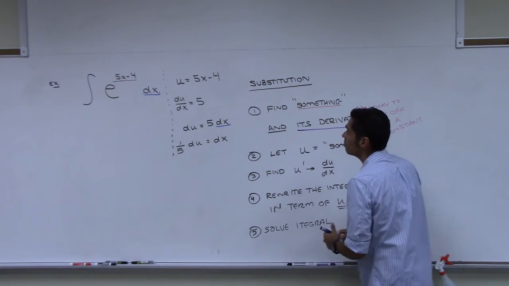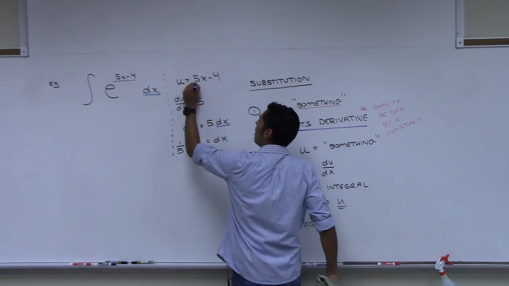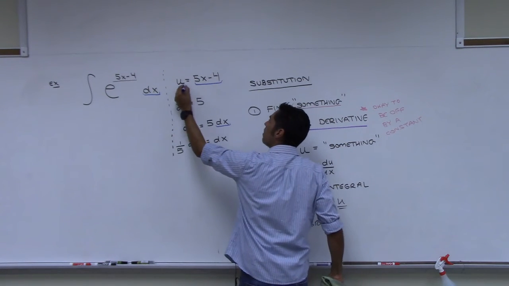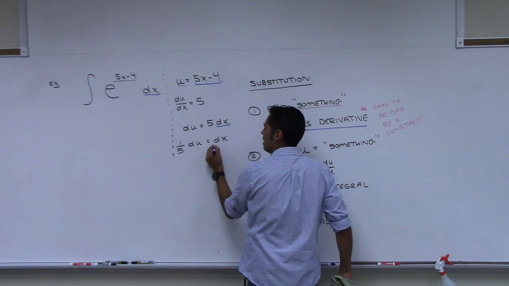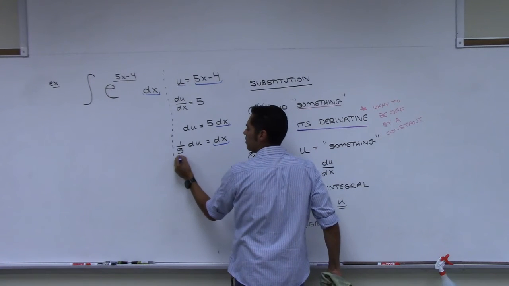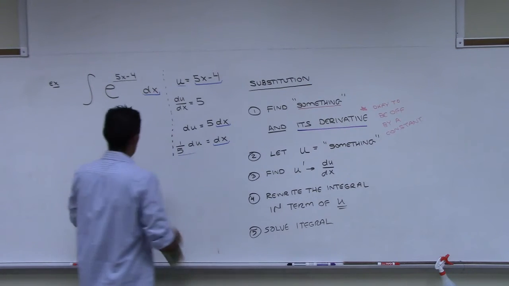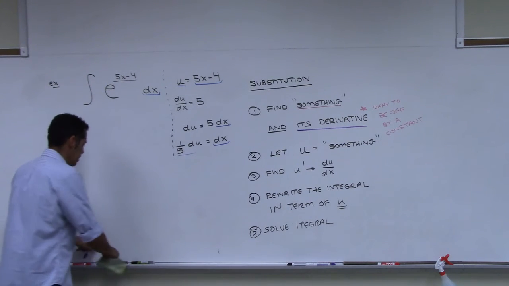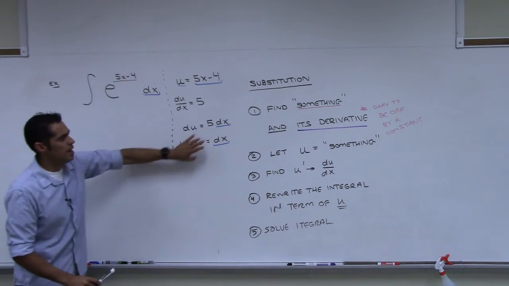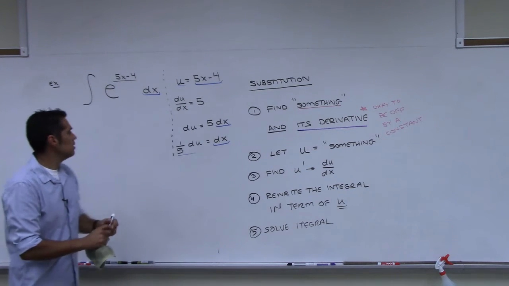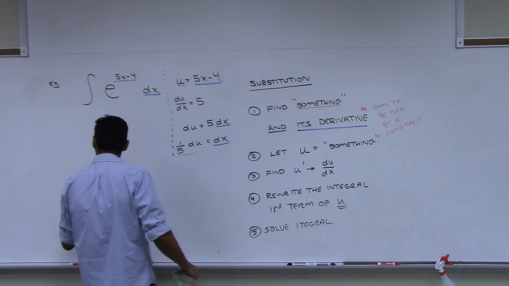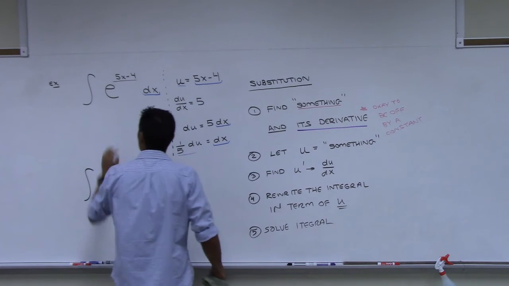Let's see if this works. This 5x minus 4 is my u. This dx right here is this, right? So just come back up to the problem and rewrite it, replacing everything with what it is over here on this little chart. So I'm going to have integral e to what power?